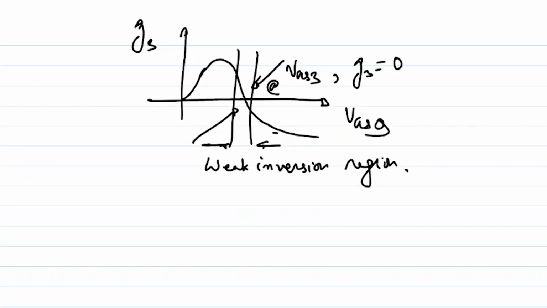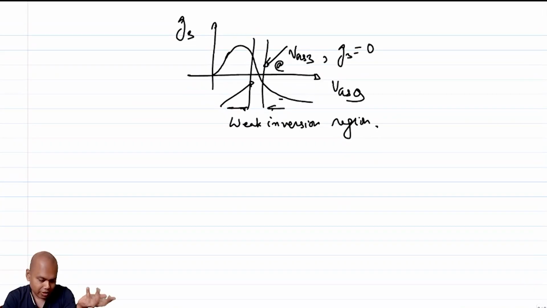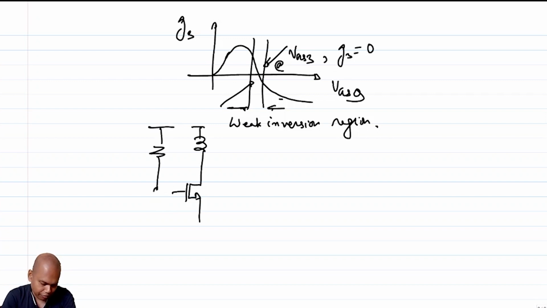So from a circuit designer's point of view, how does it help us? It can help us because if I can identify this bias point, by running a parametric simulation sweep of VGS versus G3, then near about that point I can bias my transistor. I ensure that the transistor is biased there with whatever your favorite biasing technique.